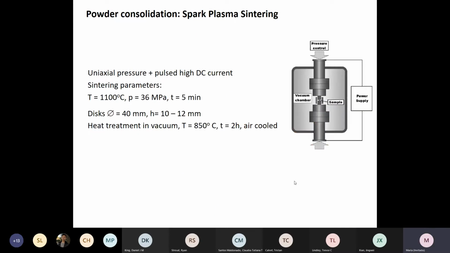Another possibility is spark plasma sintering, which provides interesting results, but the size of the sample that we obtain is quite small, because it's a disk of 40 millimeters and 10 to 12 millimeters height. If we're thinking about industrial production, that makes it a bit difficult, but still it is a possibility.